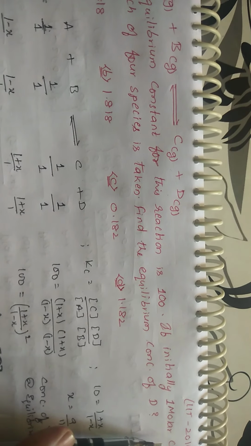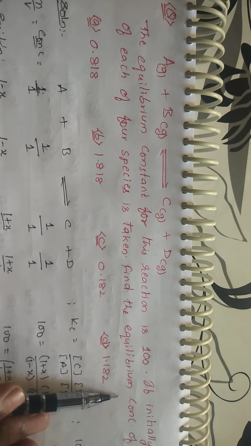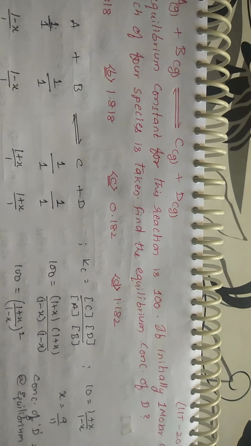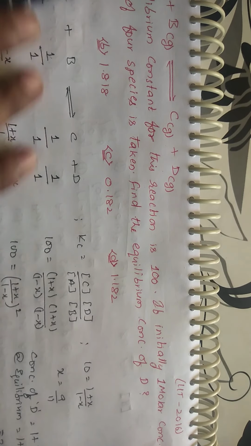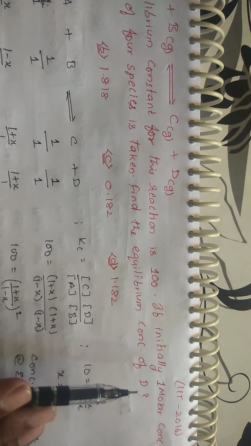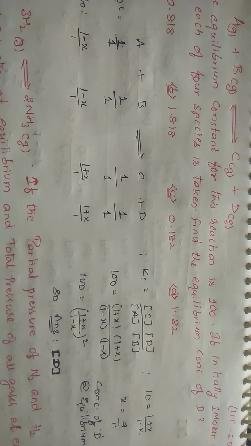If initially 1 molar concentration of each of the 4 species is taken, find the equilibrium concentration of D. This question came in IIT 2016. Solve this. I hope you are good at the content, so if you solve it, you will be getting the answer. If you are unable to do that, you can go through this.